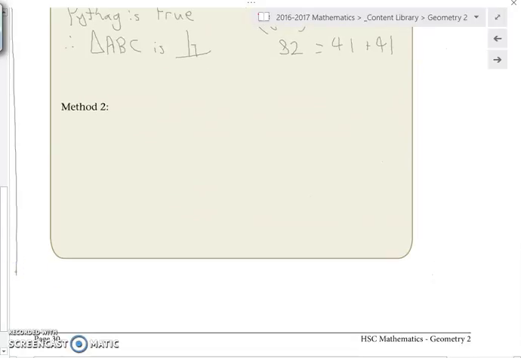Because we have another method. Now, our other method involves this little truth. Either one of these works perfectly. It depends on what you think of initially. When you think of prove that it is right angled, it depends on what the question says.